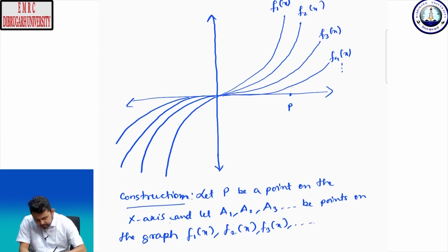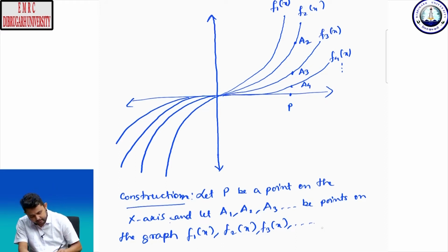So, if we look closely here, it might not be possible to draw A1, but this is my A2, here we have A3, here we have A4 and so on, right.